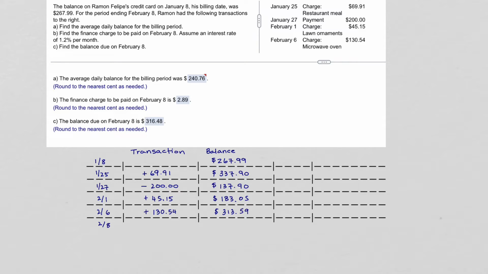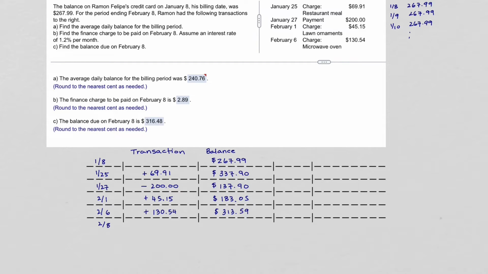Now the idea here is that if I wanted to write this all out, which I really don't, I could start with January 8th, and the balance was $267.99. And then on January 9th, it's still $267.99. And then on January 10th, it's $267.99.